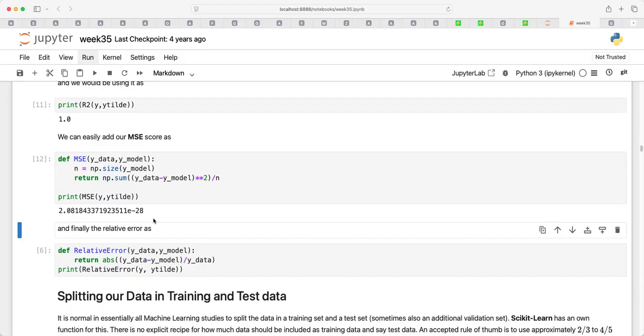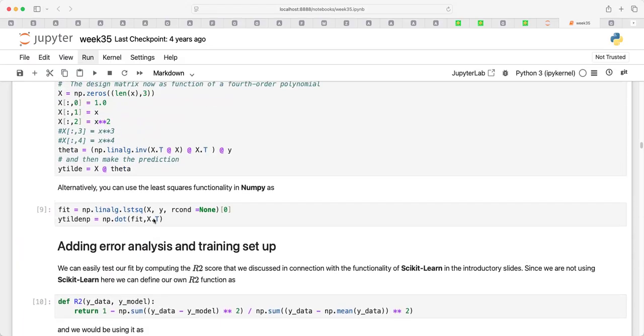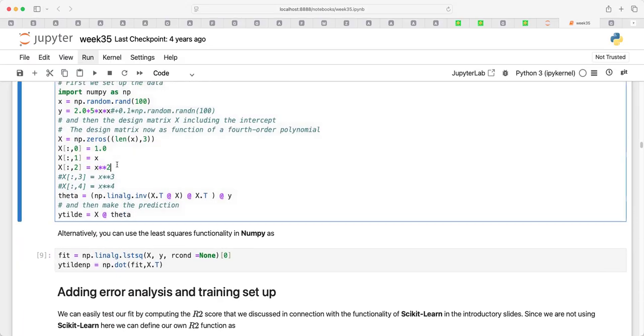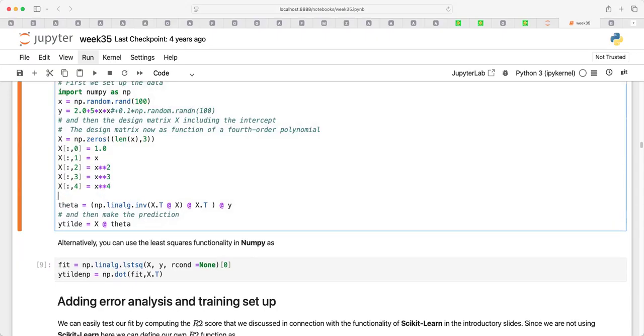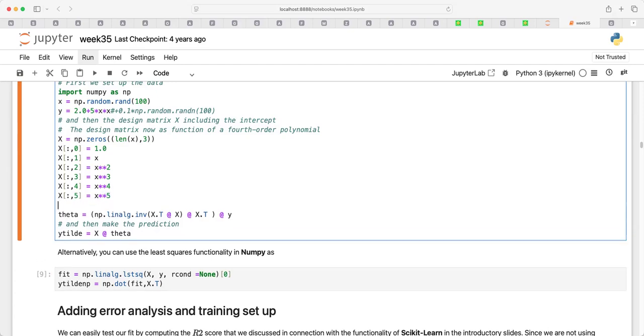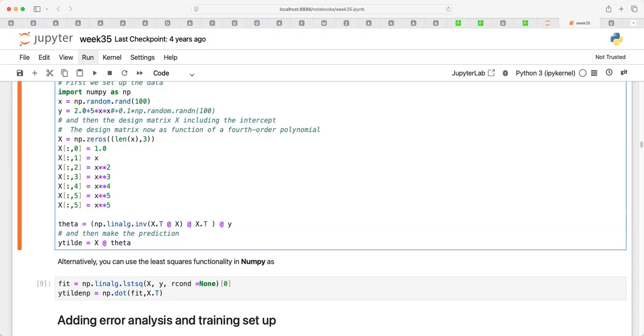Now, if I am a little bit less smart, let's do this manually. I could now do X, and then I do a 6th order polynomial. Now, a 5th order polynomial. And then I can just repeat this one.